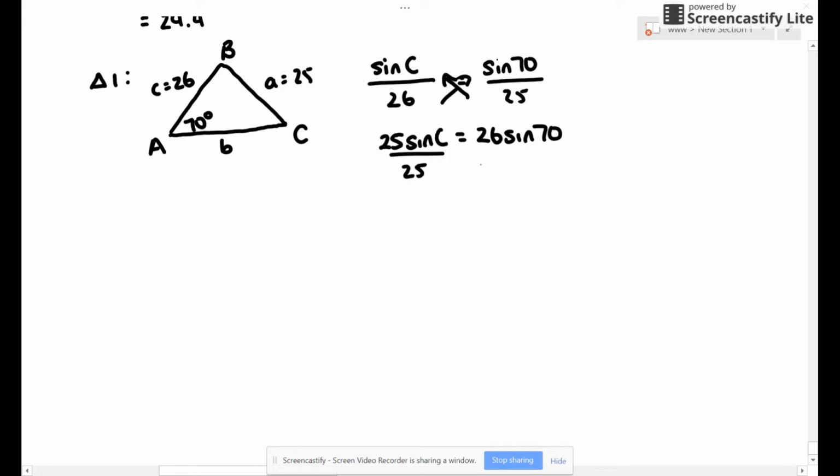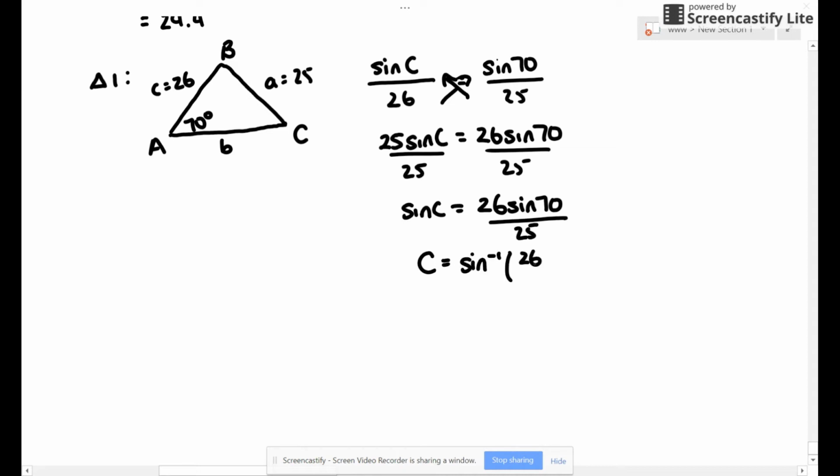Divide both sides by 25, and I get sine C equals 26 sine 70 over 25. And then I'm going to do the inverse. So C equals sine inverse of 26 sine 70 over 25.